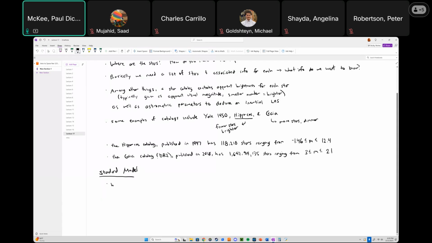Both the Hipparcos and Gaia catalogs fit to the standard model, which it seems bold to call something the standard model. That's like the normal distribution. I think maybe we should put some last name to it. But basically, there are 6 astrometric parameters.